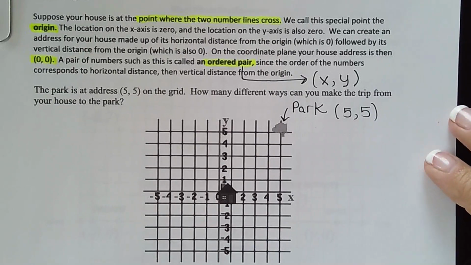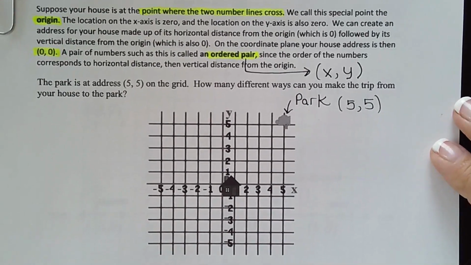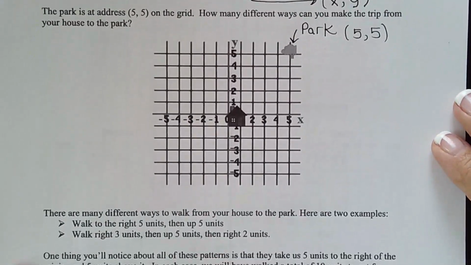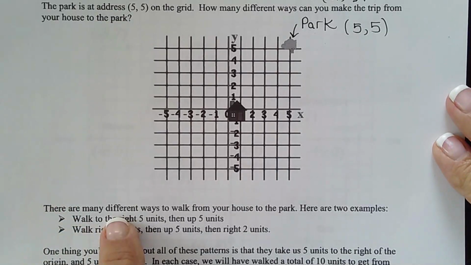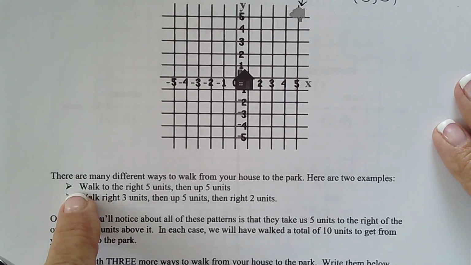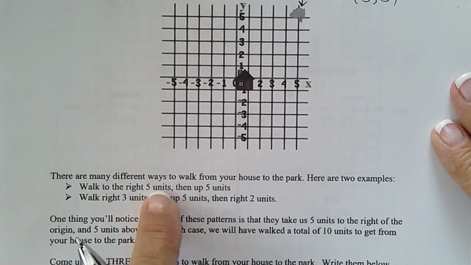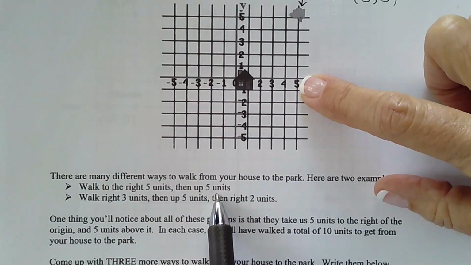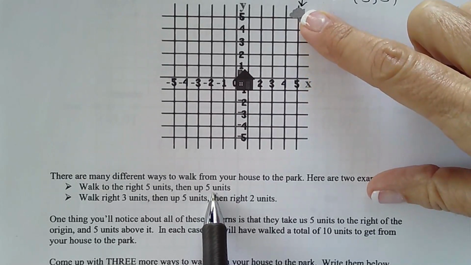So how many different ways can you make the trip from your house to the park? So there are many different ways to walk from your house to the park. So here are 2 examples. Walk to the right 5 units, and then walk up 5 units.